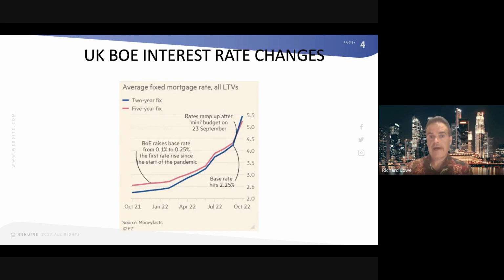So what's happened is interest rates have gone in the UK from 0.1%, which is the lowest in over 300 years, to now over 5% as the base rate.